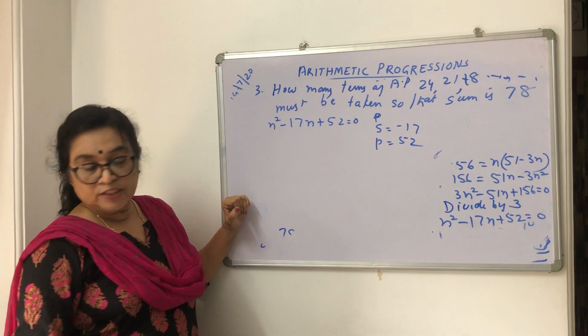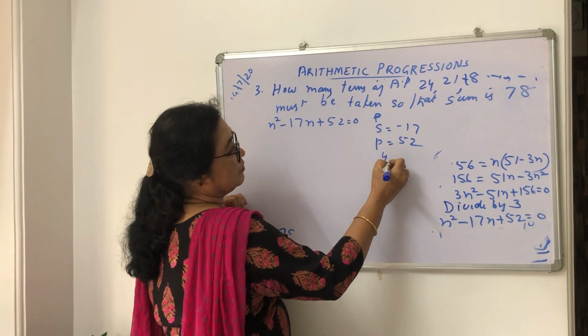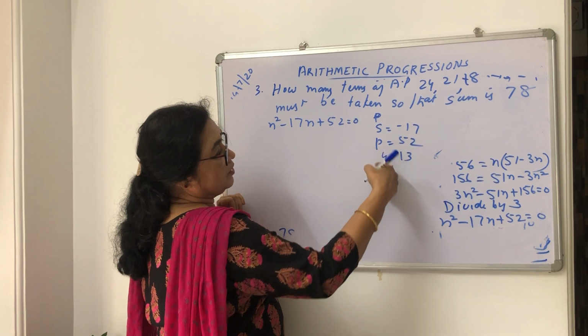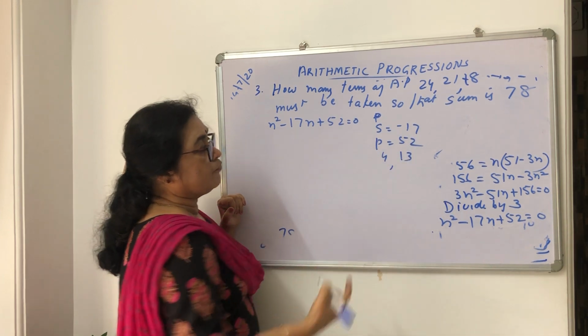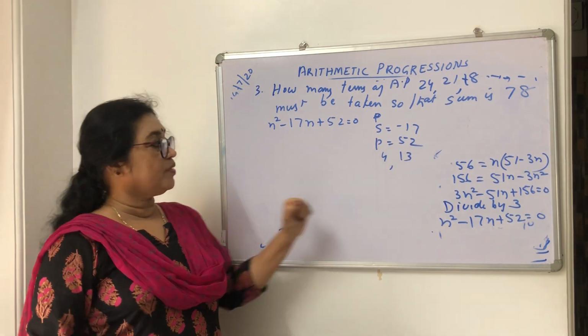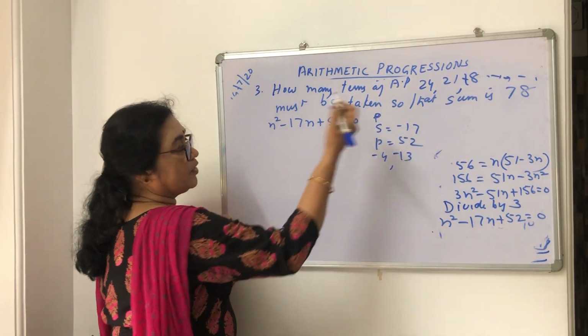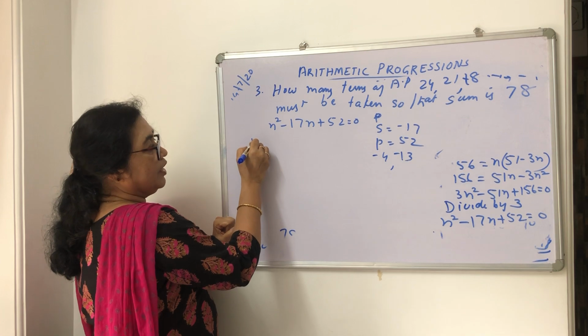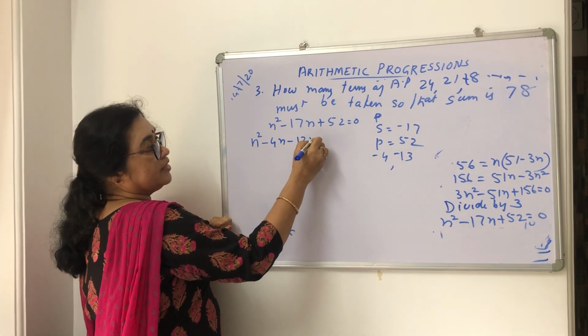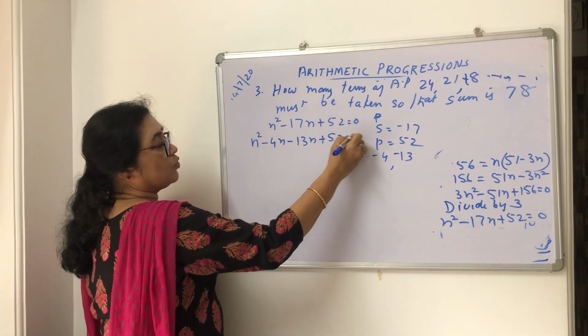Which are the two numbers? 13 and 4. Since the sum is negative, both numbers should be negative, and the product becomes positive. Therefore, n squared minus 4n minus 13n plus 52 is 0.